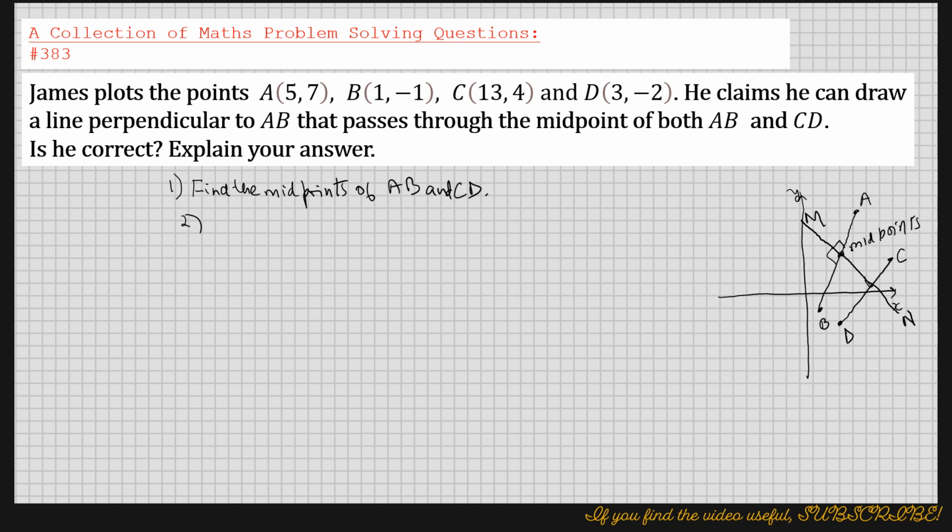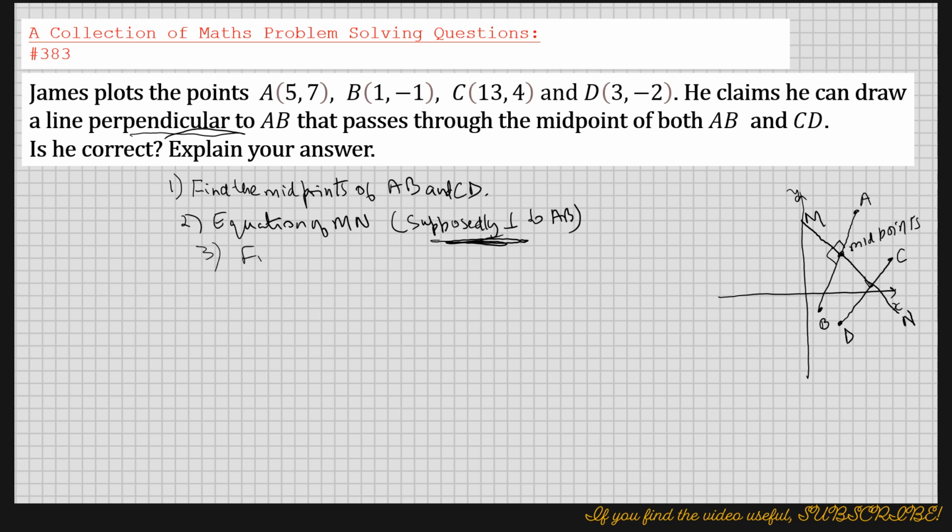Number 2 is find the equation of MN, supposedly perpendicular to AB. That is what is being claimed by James. He can draw a line perpendicular to AB, and then compare the gradients.